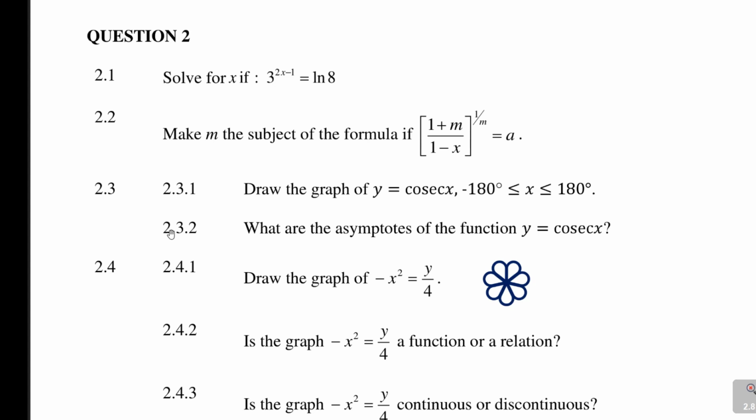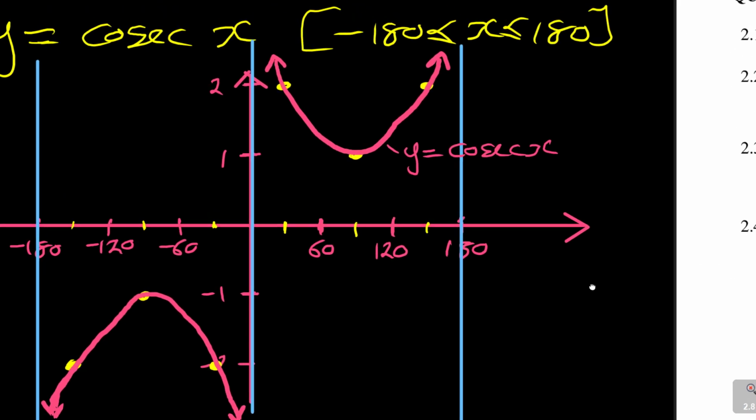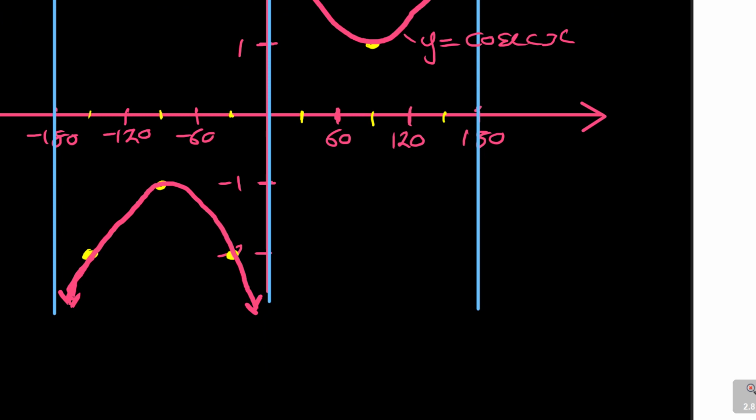Now look at this. What are the asymptotes of the function y is this? You saw the asymptotes, we just drew them, so your answer there will be: asymptotes are, let's write them there. What were the asymptotes?